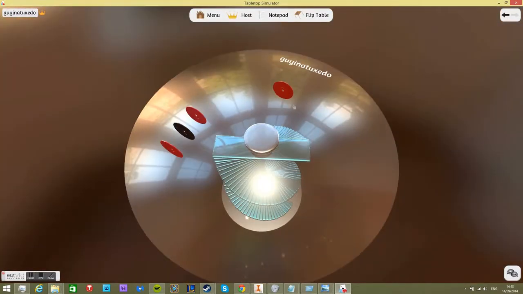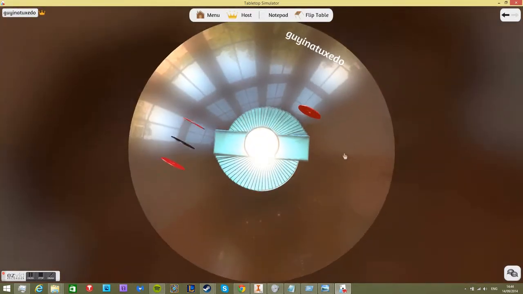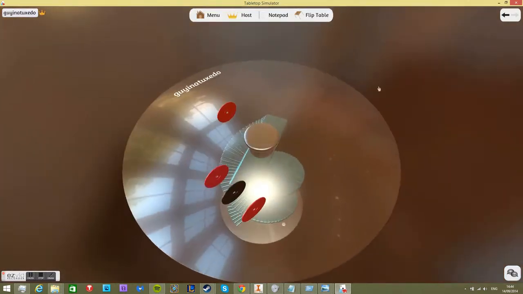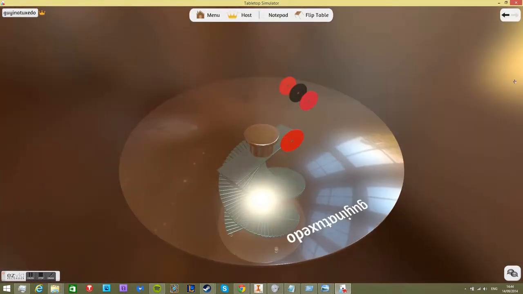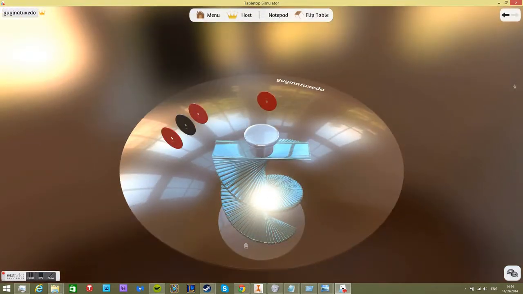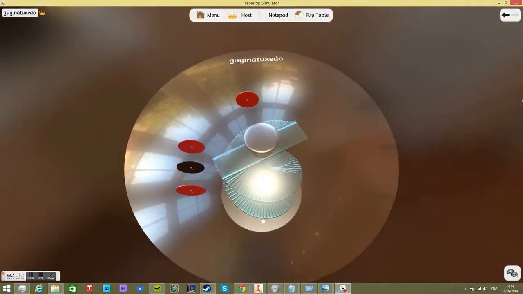The first kind of CD that came out was a CD-DA, and it was only made to store and play sound. Following that, many other kinds of CDs were made, such as a CD-ROM, which stands for read-only memory, a CD-R, which can only be written to once, and a CD-RW, which can be rewritten to as many times as you want.